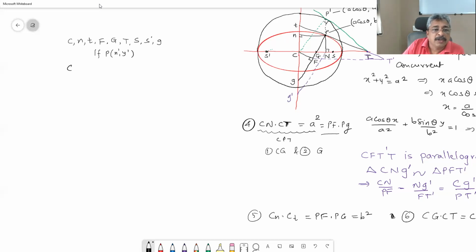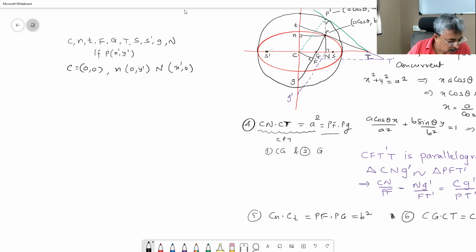Okay, C is 0, 0. Small n is 0, y dash. Capital N, we require capital N also. Capital N is x dash, 0. Okay, then the foot of perpendicular from the origin onto the normal.